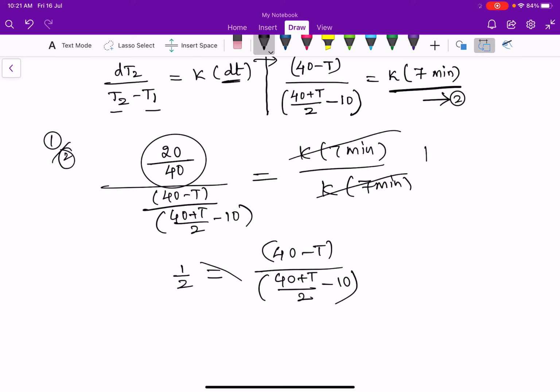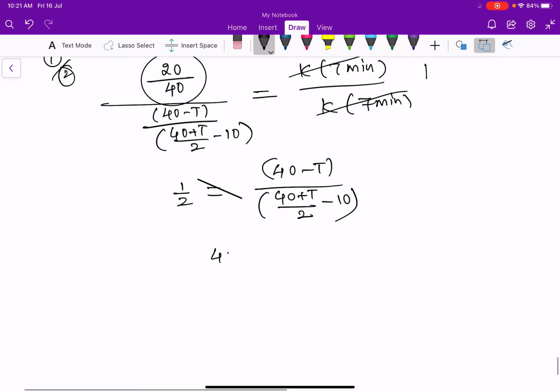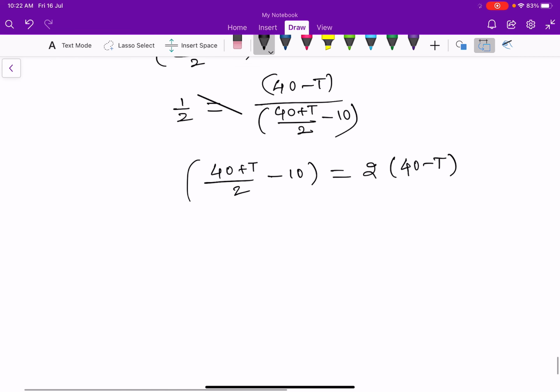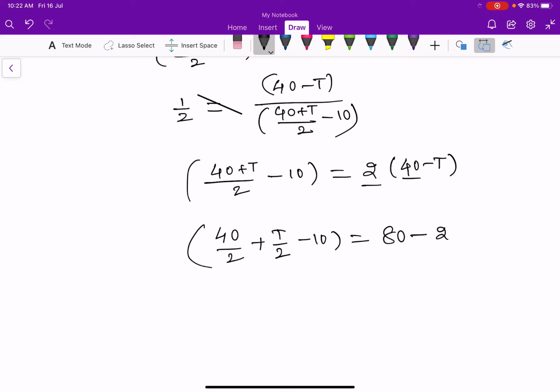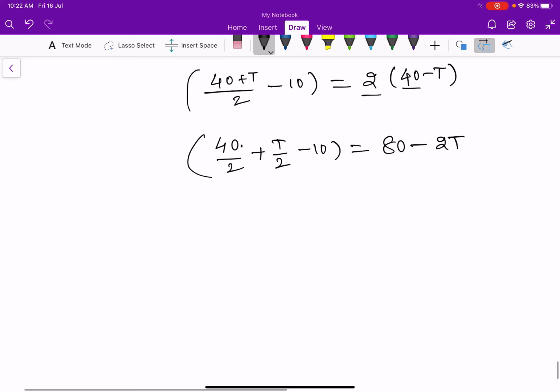So on cross multiplying, you will get 40 plus T by 2 minus 10 is equal to 2 into 40 minus T. So I am solving this. 40 by 2 plus T by 2 minus 10 is equal to 2 into 40, which is 80, minus 2T. 40 by 2 is nothing but 20. 20 minus 10 is 10.